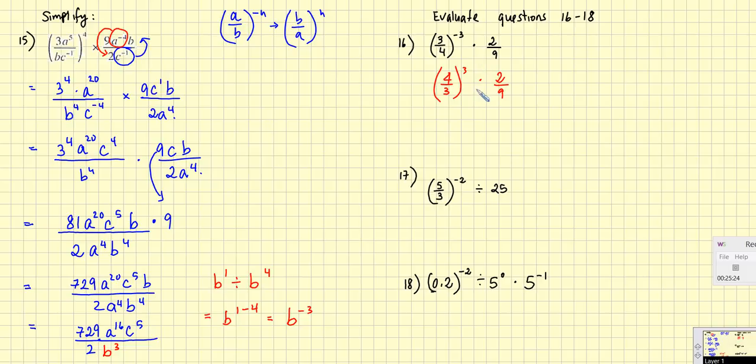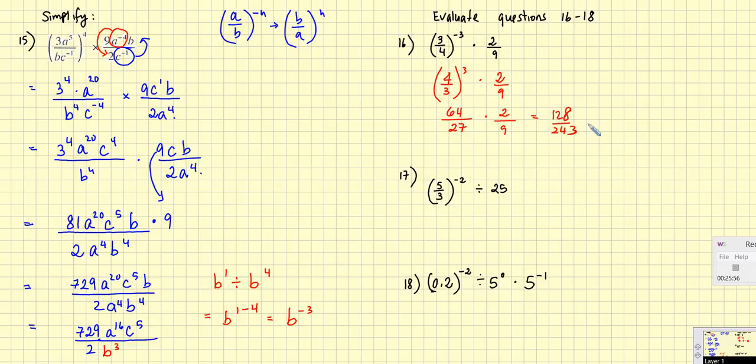So 4 to the power of 3 is going to be 64, and that will go all over 27, and that will be multiplied by 2/9. So now when I look at 64 times 2, that gives me 128, and then as I do 27 times 9, I end up with 243.